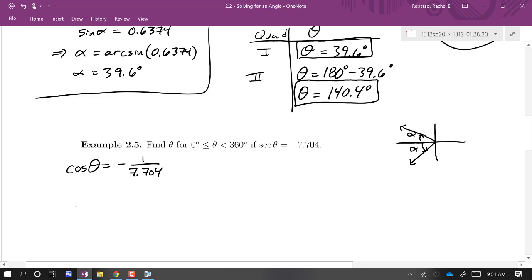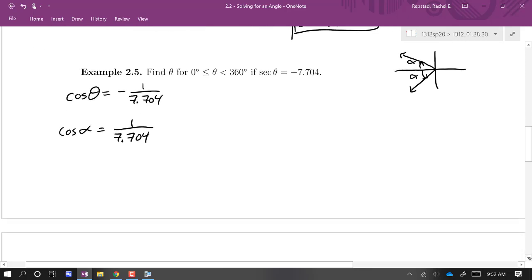So cosine theta is a negative 1 over 7.704. Cosine alpha is positive 1 over 7.704. And then we'll take arc cosine of that value.